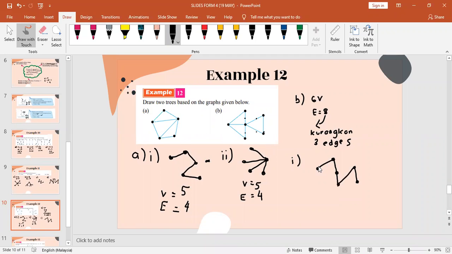So kat sini tengok ada 1, 2, 3, 4, 5, 6 vertices. And we have 1, 2, 3, 4, and 5 edges. Okay.